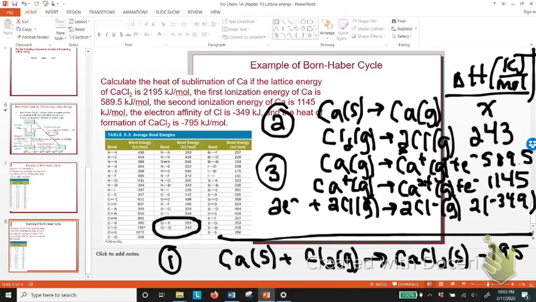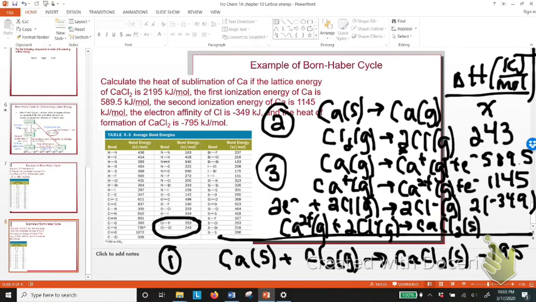Our next step is to combine the ions together. Remember, that is the opposite of lattice energy. So our ions are the calcium ion and the chloride ion. Remember, pay attention to the stoichiometry from the previous steps. So remember, when you combine the ions, the gases combine together to form the solid.